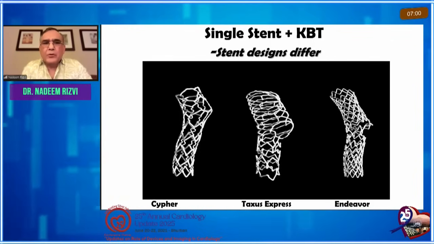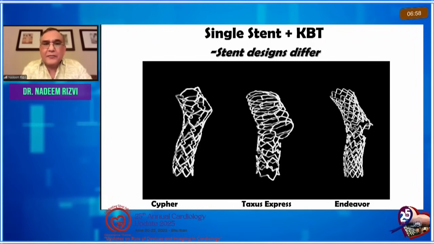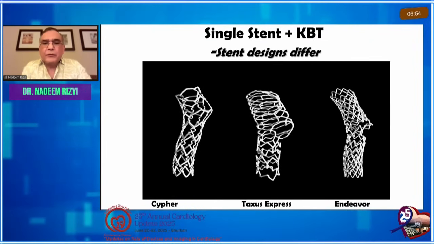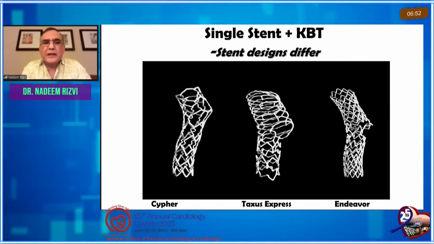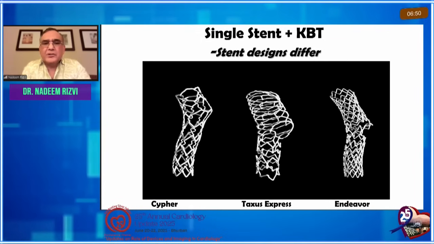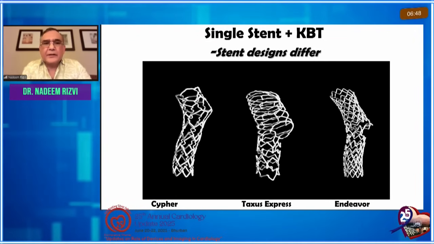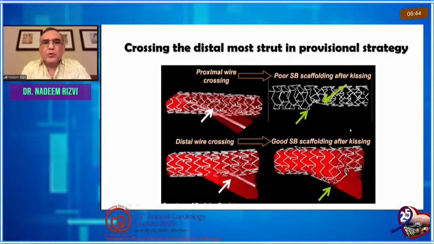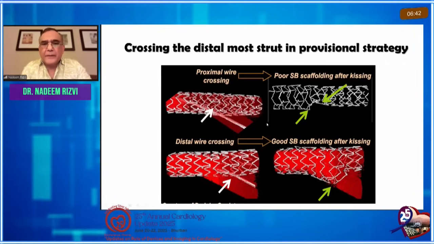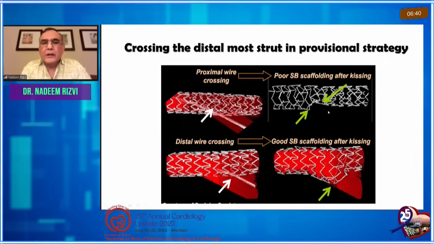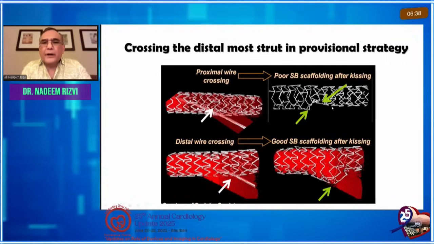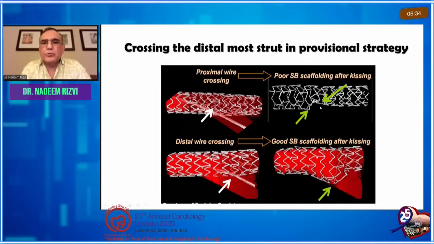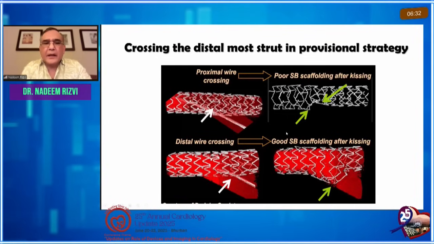Now, what I want to tell you about is that the stents are different. Nowadays, they are similar, but not exactly the same. So we've used all these stents, and you can see that with the same diameter, the stents are different designs. Now, if you are doing a provisional strategy and you cross the wire proximally and do a kissing balloon, there is poor scaffolding after the kissing in the side branch, as you can see with these two arrows, and this one part is slightly up.